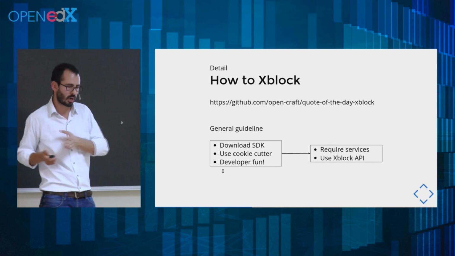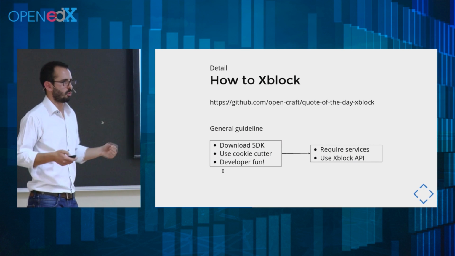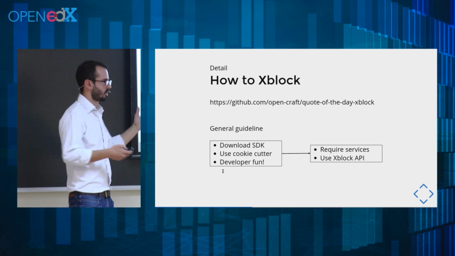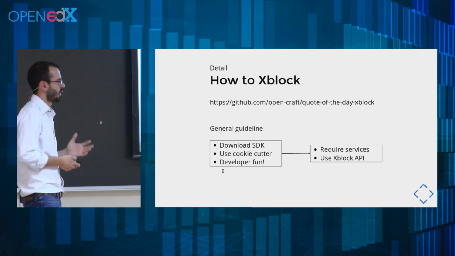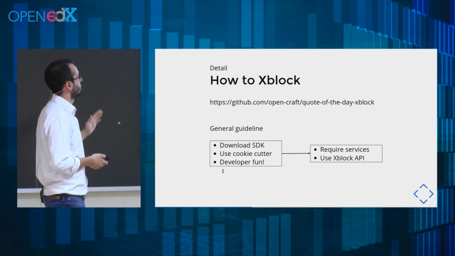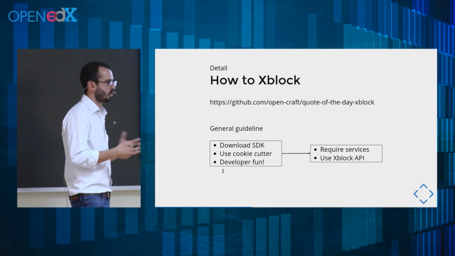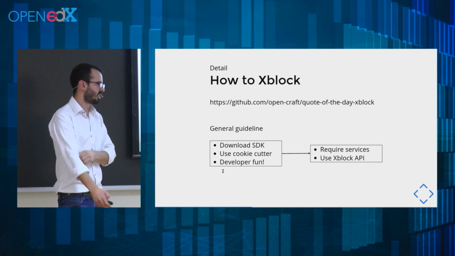You want that game to be part of your course. You want to reference later on how you did on that, or have different chapters in the course. I don't know, just incredible stuff that you can make with Xblocks. So that's sort of where that will take you. Use the XBlock API to access the internal data of the platform, and that will take you to the services.